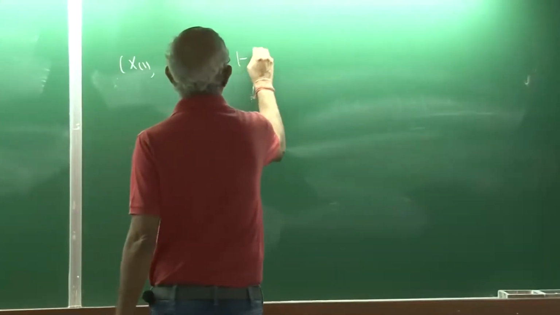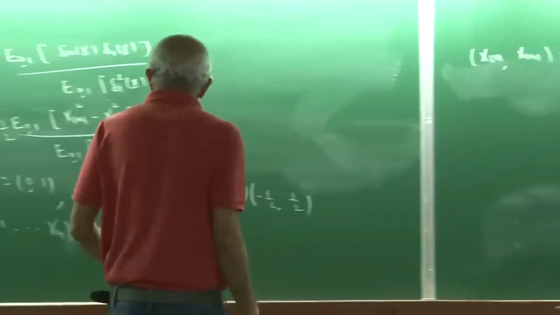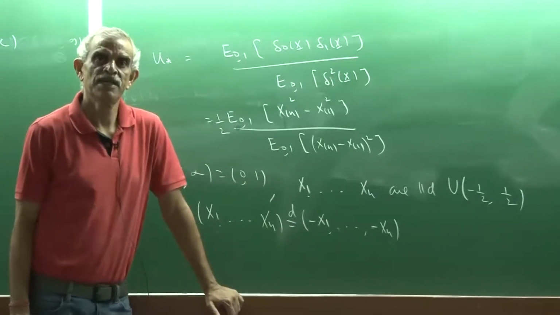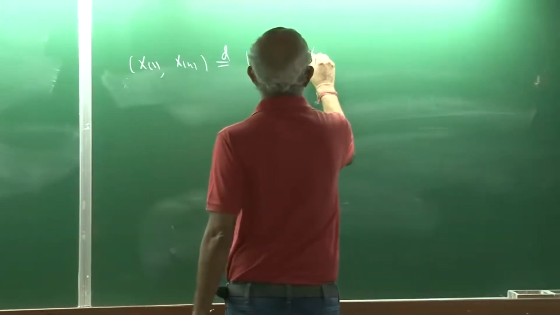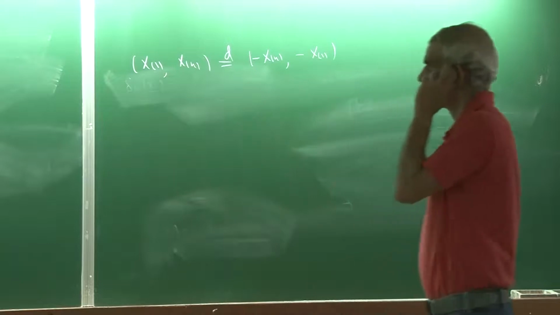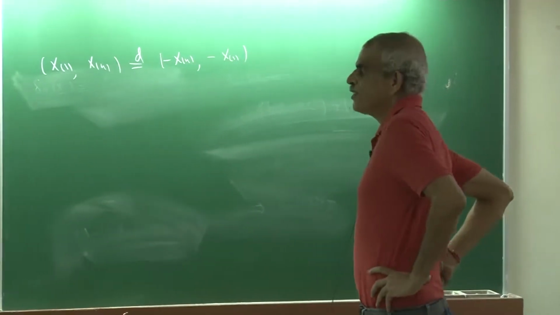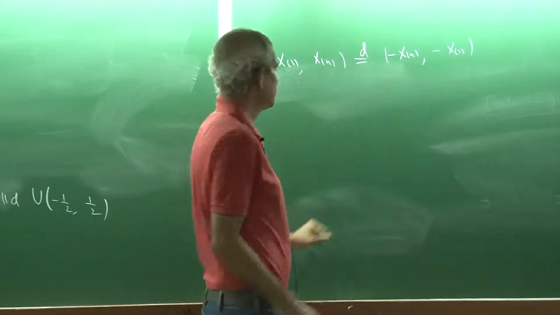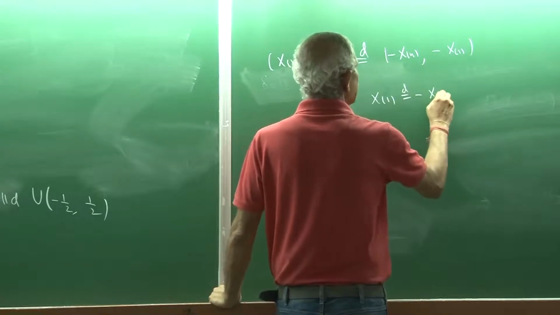So this would be the same as minus xn. And second coordinate here is xn, which is maximum. Now maximum of minus x1, minus x2, minus xn is same as minus of minimum of x1, x2, xn. So what do you get from here? In fact, it says x1 has the same distribution as minus xn.